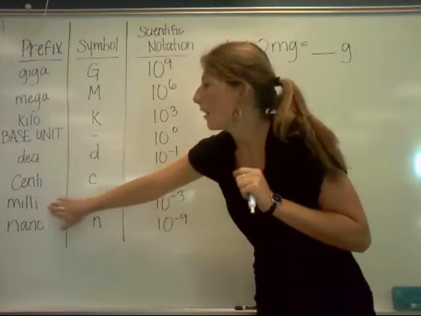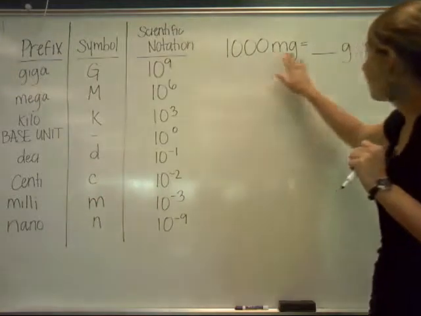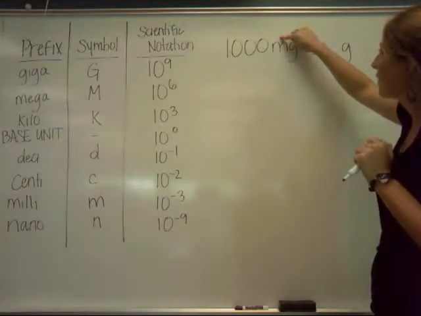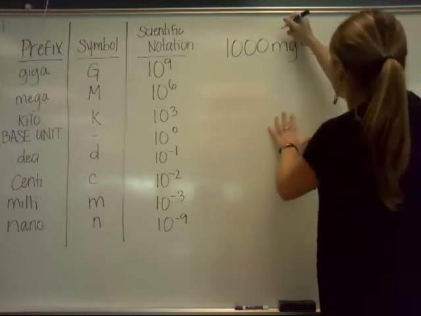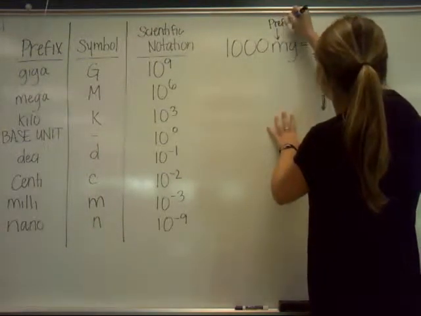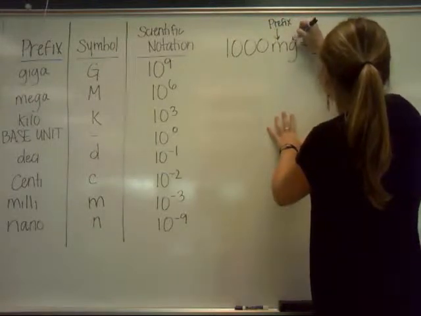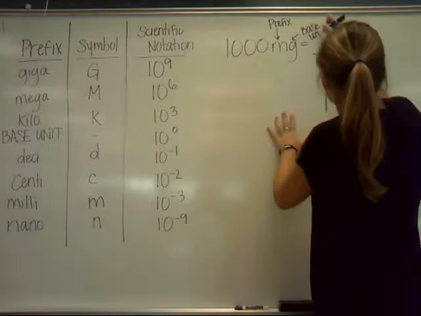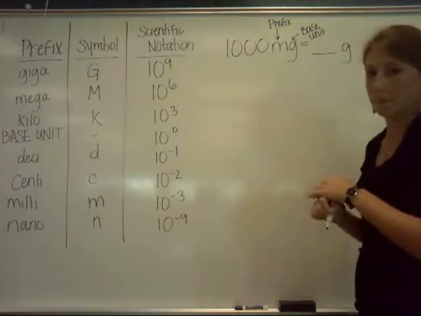So I know milli is my prefix. If there are two letters here, the first one is your prefix, and the second one is your base unit. It's as simple as that.